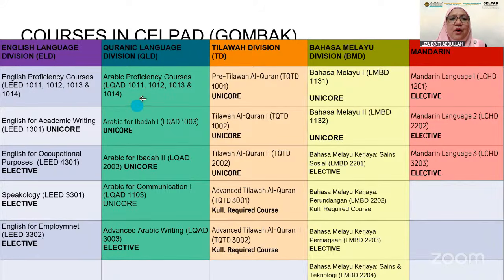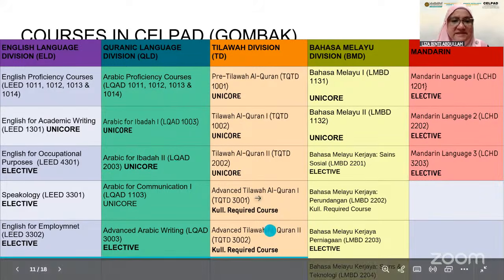For APC, let me make myself clear. APC 1011 up to 1014 are only for students who are doing courses in Arabic. If you are English medium, doing English-based courses or programs, you are not doing APC, but you will do Arabic for Ibadah 1 or Arabic for Ibadah 2.